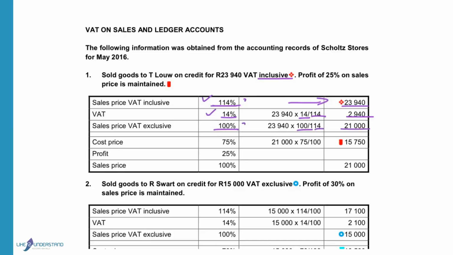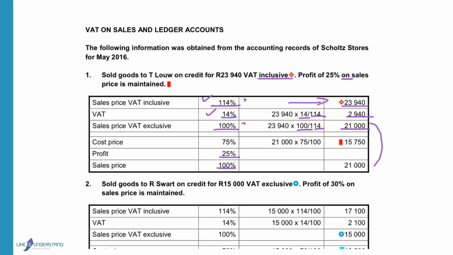The sales price VAT exclusive is used to calculate the cost price. Profit of 25% on sales price is maintained. If it's on sales price, then the sales price equals 100%. The profit equals 25%. Therefore, the cost price must be less than the sales price.